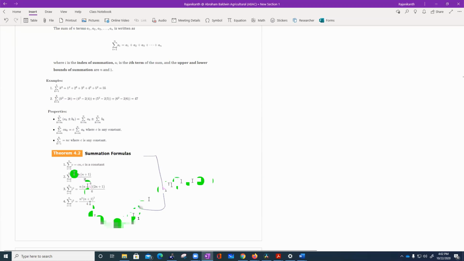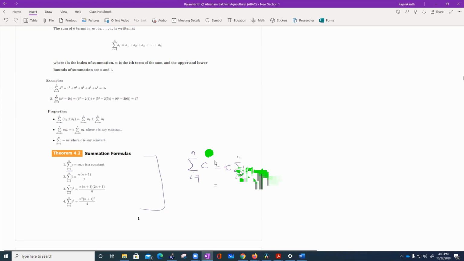Okay, so if you have the variable i here, that means i running from 1 to n. So you are repeatedly, n times, adding some number. Since c is constant, remember, the sum of a constant from i equals 1 to n means you could pull that constant outside, and you are running i from 1 to n with the constant 1.